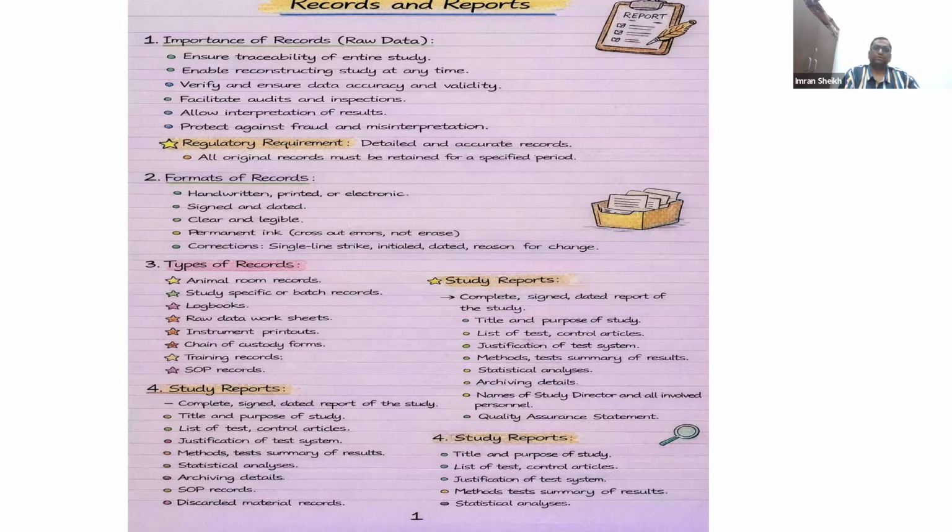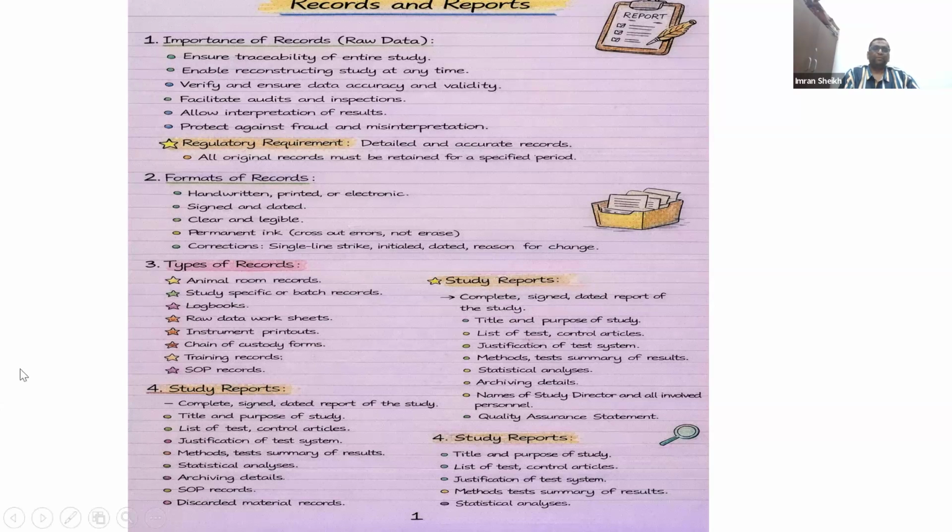Now study reports: they include the complete signed and dated report of the study, title and purpose of the study, list of the test and control articles, justification of the test systems, methods, summary of the results, statistical analysis, archiving details, and the name of the study director and all the personnel involved. Furthermore, they include the quality assurance statements.